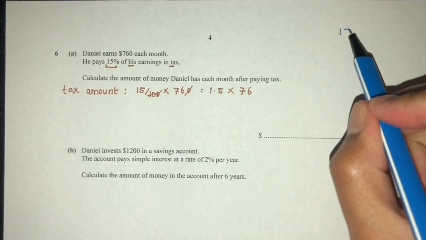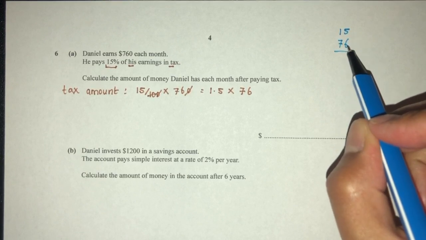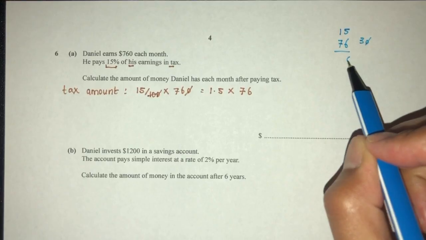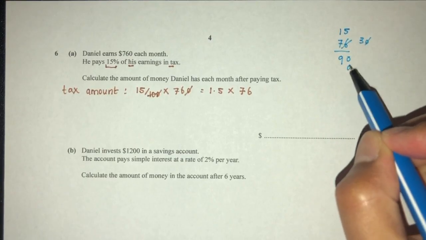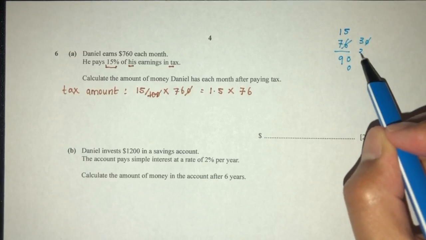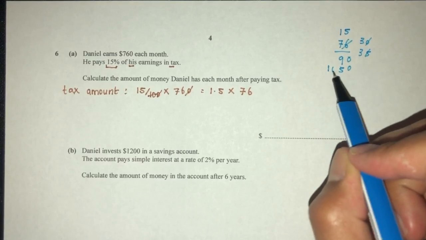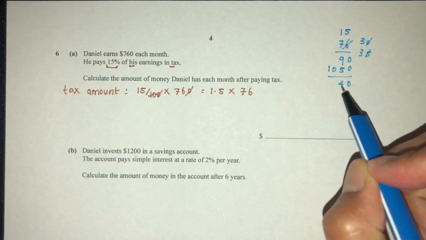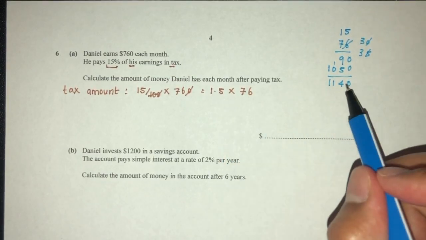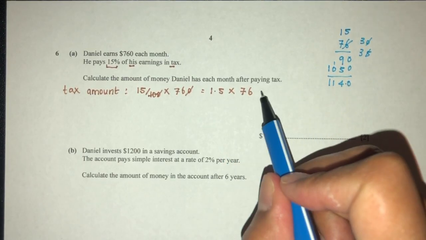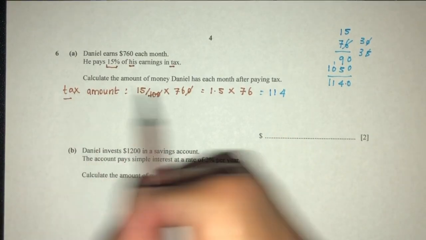Let's pretend it is 15 times 76. 5 times 6 will be 30. 1 times 6 is 6 plus 3 is 9. 5 times 7 is 35. 1 times 7 is 7 plus 3 is 10. That will be 0, 4, 1, 1, 1. Now because here we have 1 decimal place, we have to move 1 decimal place. So your answer will be 114. So the tax amount is 114.